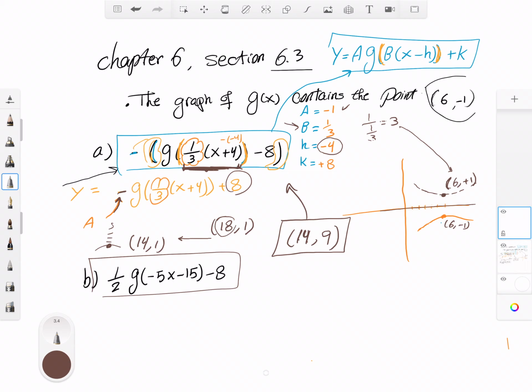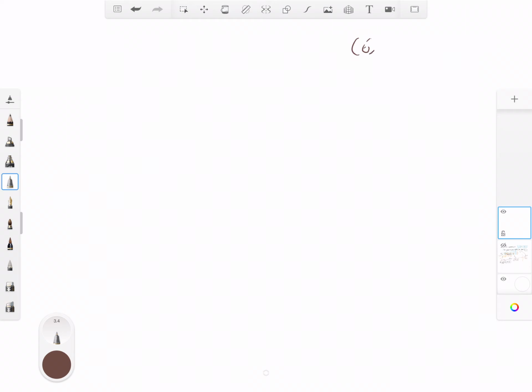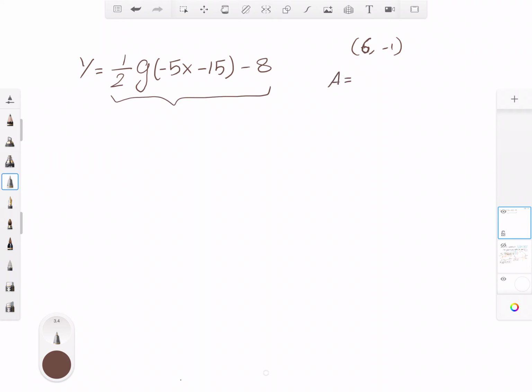So I believe I need more space for part B. So let me get another layer. We have the point (6, -1). I'm going to apply the new function, which will be 1/2 g of -5x minus 15, minus 8.